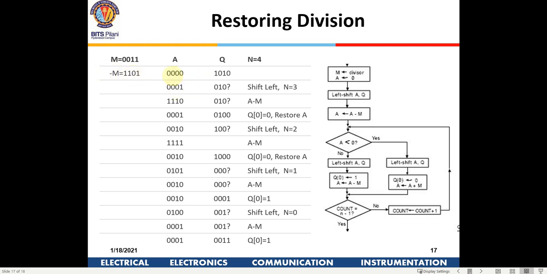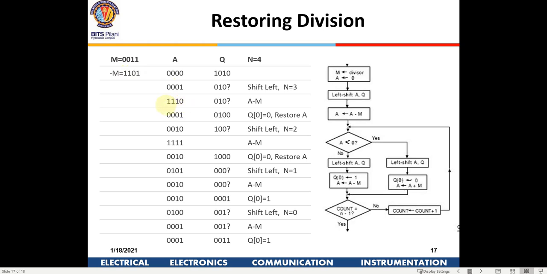Initially A is 0. After shifting, this 1 has come here. Here we don't know what to put, so we do minus M here. This is A and this is M, and this is minus M. When you add this, you get A minus M here.